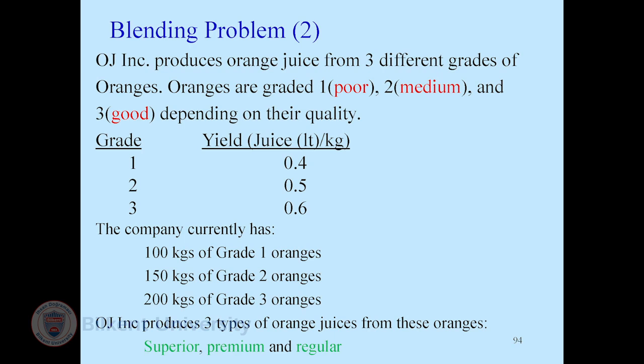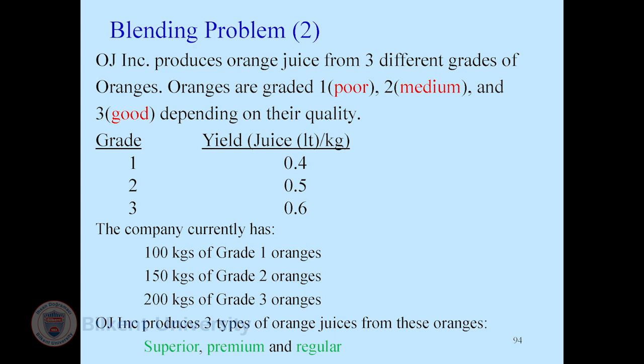All right? So if I squeeze a kilo of grade 1, which was poor, I get 0.4 liters of orange juice. If I squeeze a kilo of grade 2 oranges, which are medium, I get half a liter of orange juice. And for good type, grade 3, for 1 kilo, I'm getting 0.6 liters of orange juice. Okay?